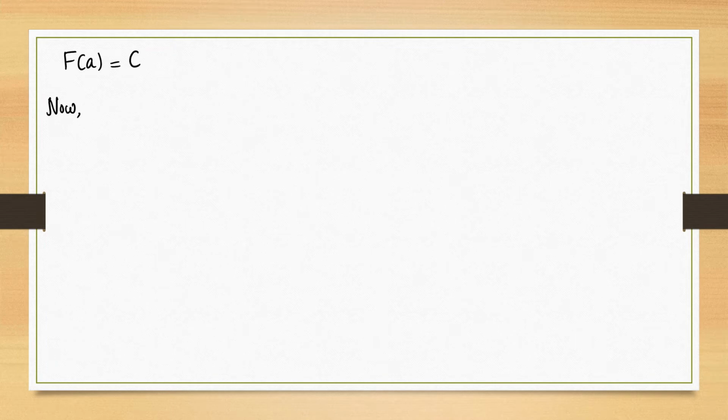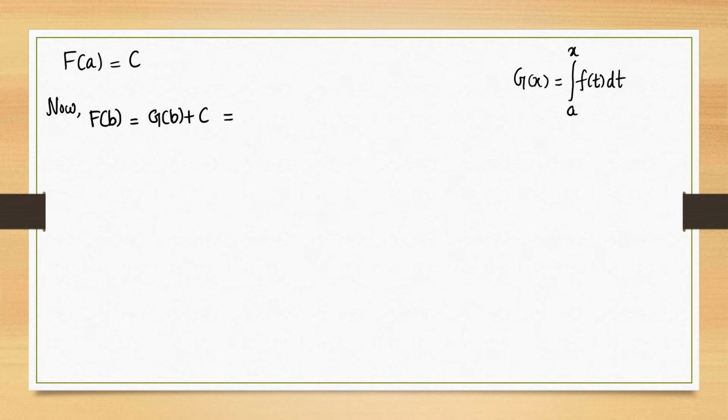Now F(b) equal to g(b) plus c. We know that g(x) equals the integral from a to x of f(t) dt and F(a) equals c. Therefore, we substitute for g(b) and c as the integral from a to b of f(t) dt plus F(a).